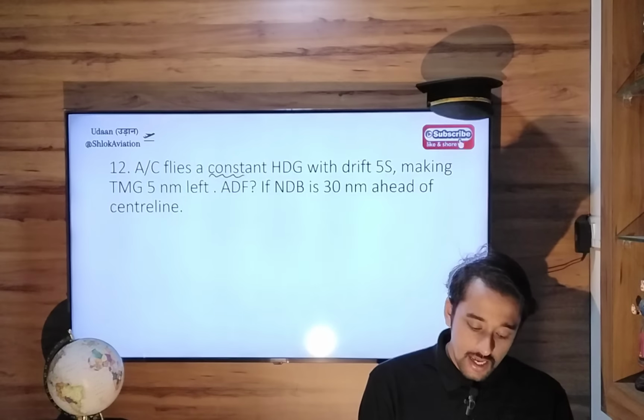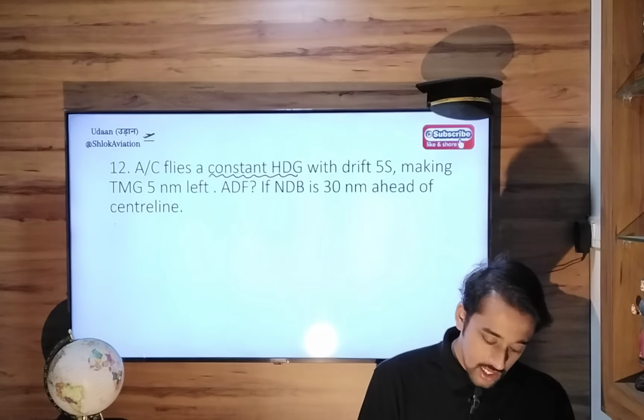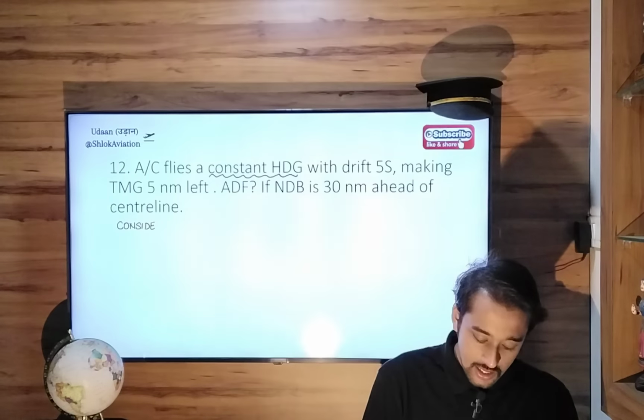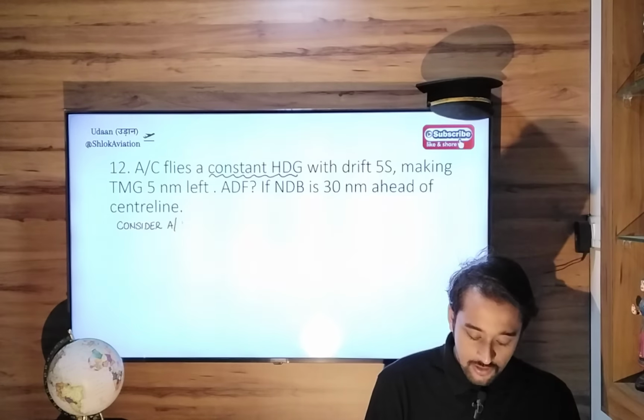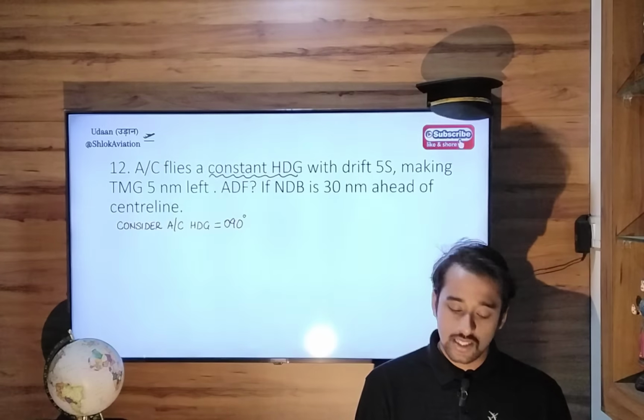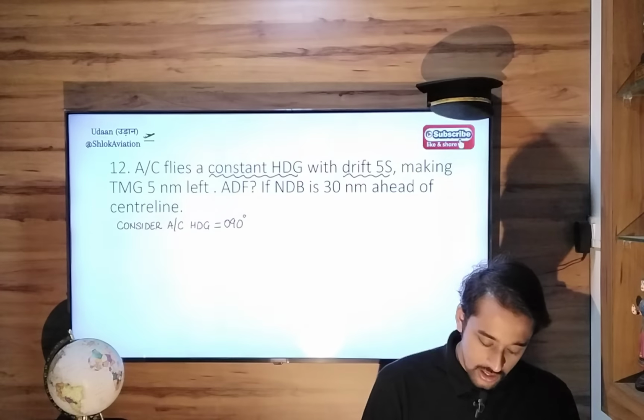We have not been given a heading. So let's consider aircraft heading is 090. Drift is how much? It is 5 degrees starboard drift.